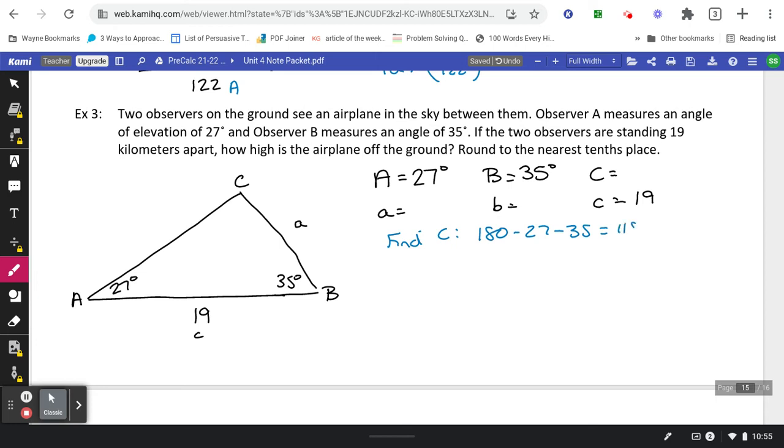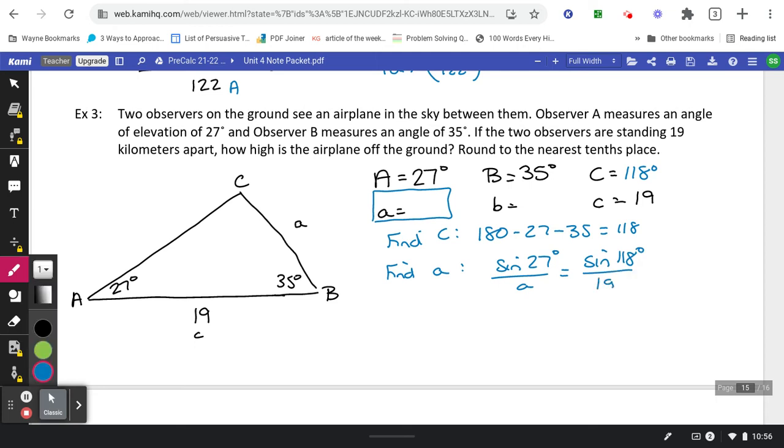That gets 118 degrees. And now because I have both of those C's, I'm allowed to use the law of sines. So I'm going to try to find this side A right here. Sine of 27 over A equals sine of 118 over 19.